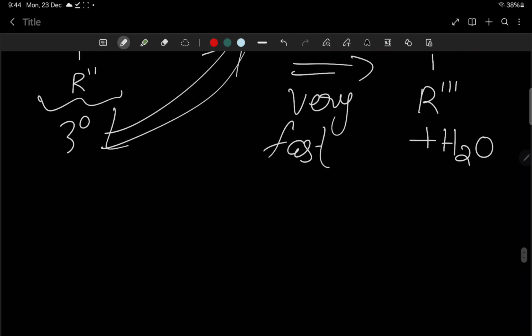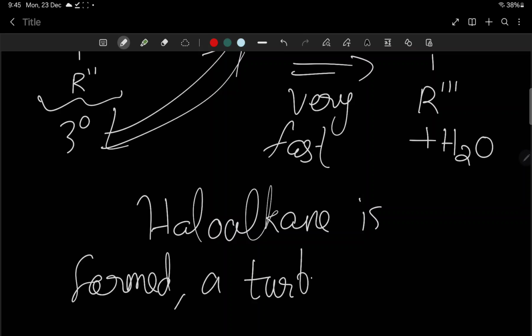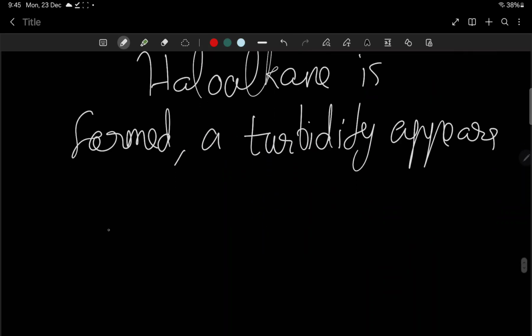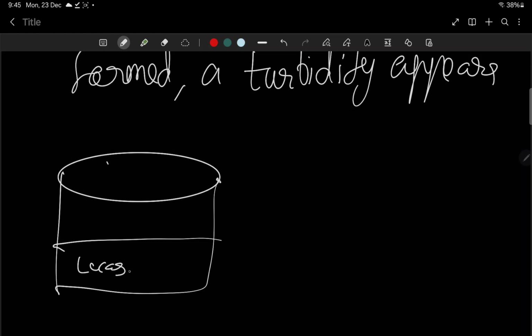So when this haloalkane is formed, a turbidity appears. Turbidity means what? You are having a glass here, and you put Lucas reagent and water, ROH here.